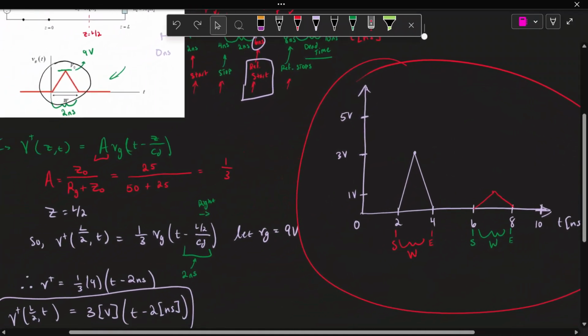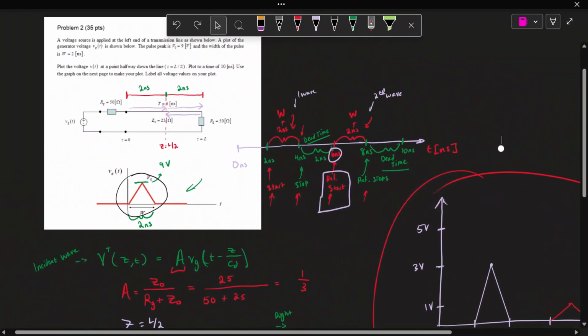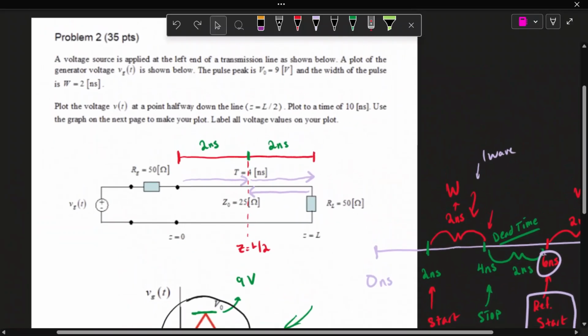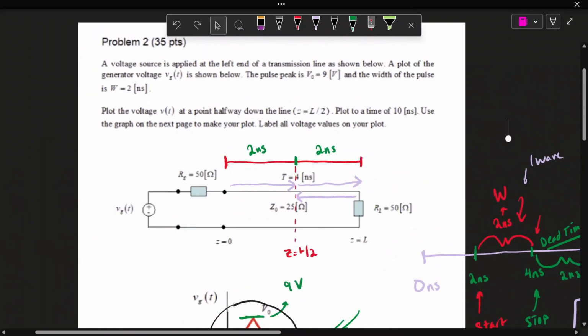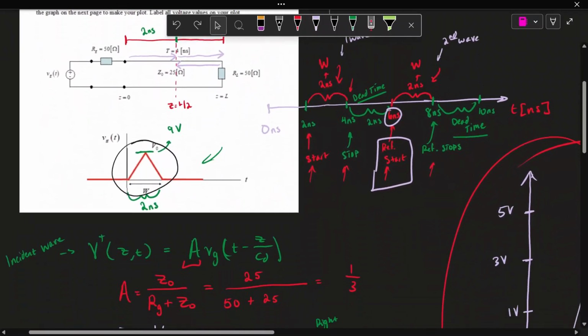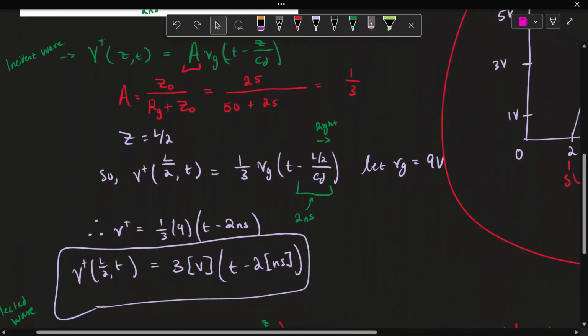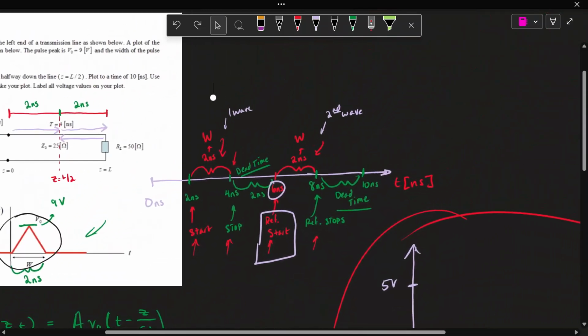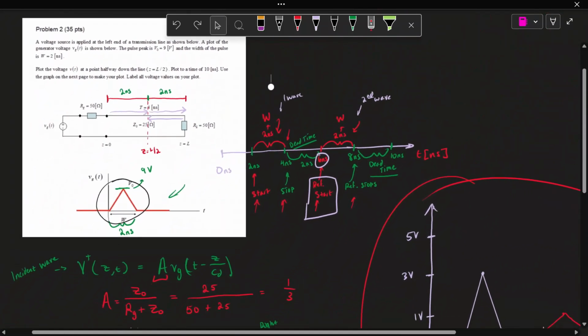Because if you try and do everything at once, it's going to be a little difficult. Of course, you could just go from circuit to plot, or circuit to equations, and you would get the same answer. It would work. But just be very careful with how you take these times.